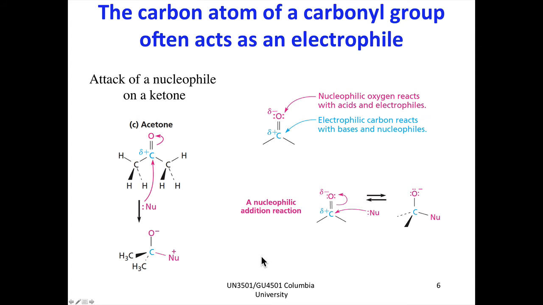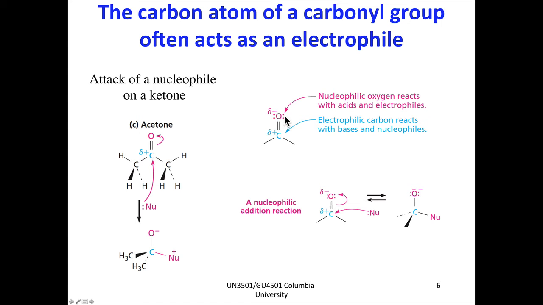The carbonyl group often reacts where the carbon of the carbonyl group is acting as an electrophile. That's because if we look at the carbonyl group, oxygen is pretty electronegative, so it has these 2 lone pairs, and it is relatively negatively charged.